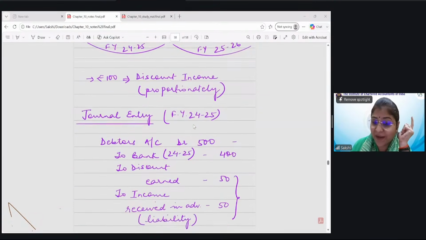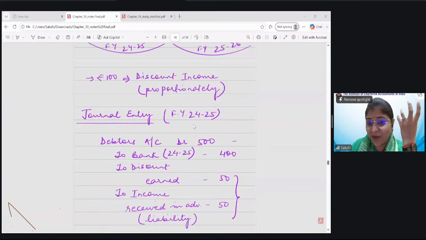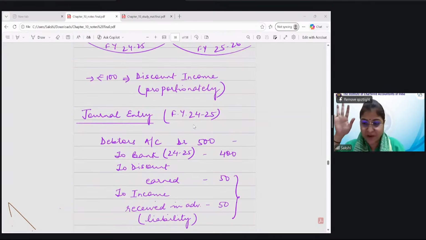How will the entry look like? Debtors account debit 500, that the bank had to get. To bank 400, that has gone out of the pocket. Credit what goes out? 400 gone out of the bank's pocket. To discount earned, discount earned for 24-25 is 50 rupees. And to income received in advance 50 rupees.